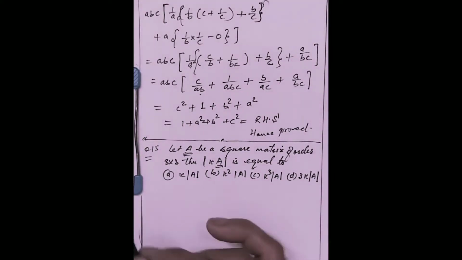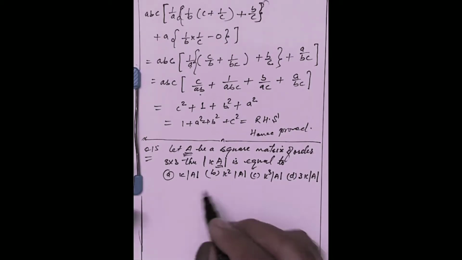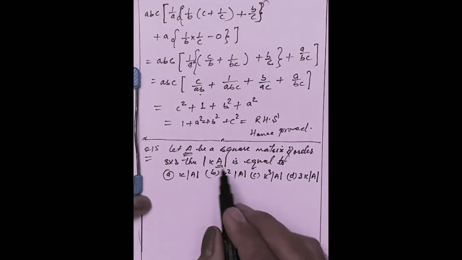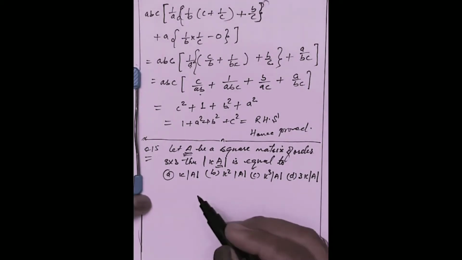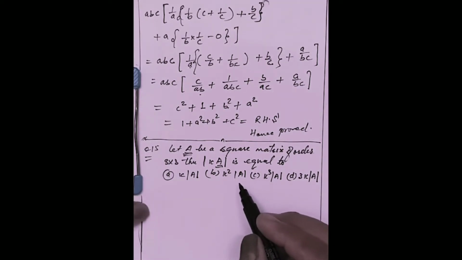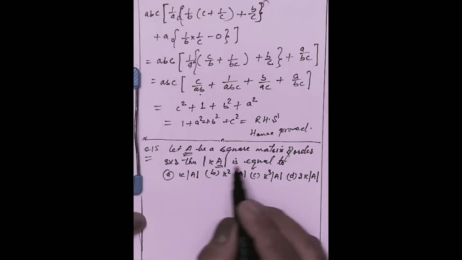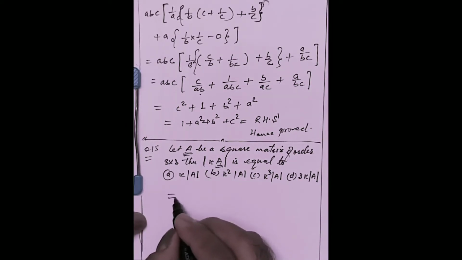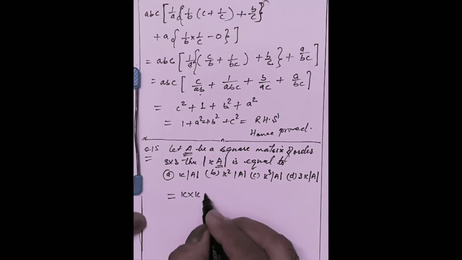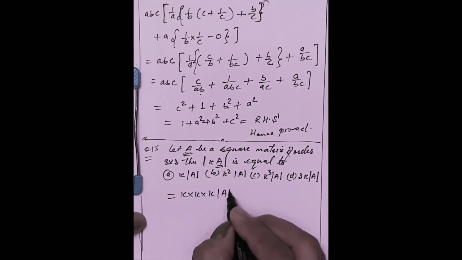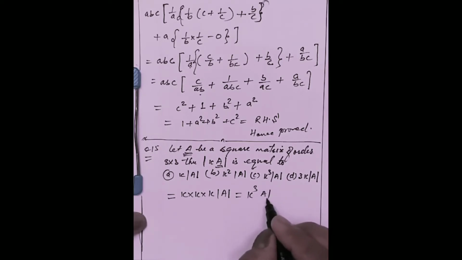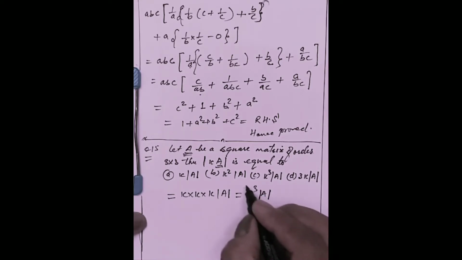After multiplying k inside the matrix and then converting this matrix into a determinant, from each row or each column we can take this constant k common. So how many times will this k come out? 3 times, k into k into k, and then determinant A will remain inside, so this will become k cube determinant A. So option C is the right option.